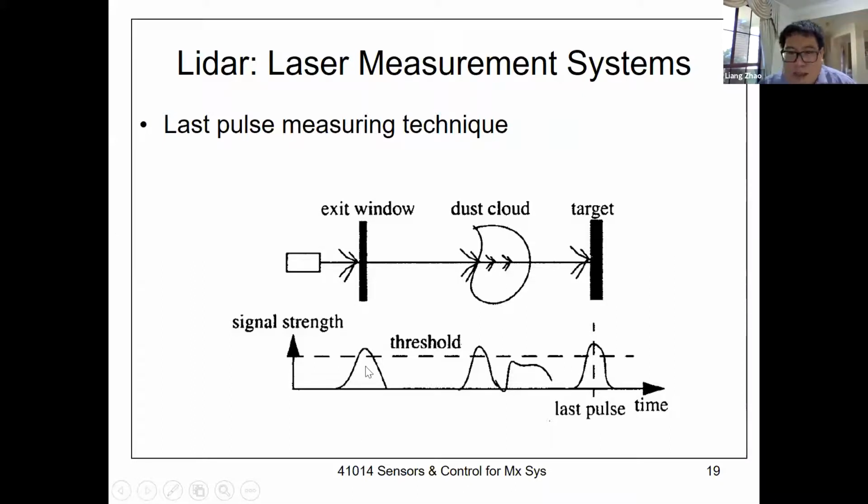So you may have a lot of reflections, but we always get the very last pulse, because after it really hits the target, there are no reflections anymore. So we always use the last pulse measuring technique in the LiDAR principle.